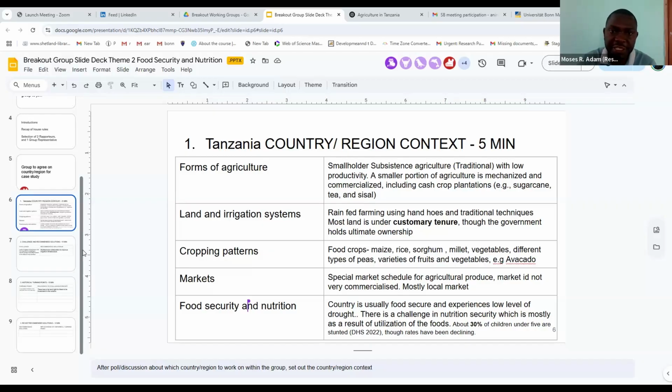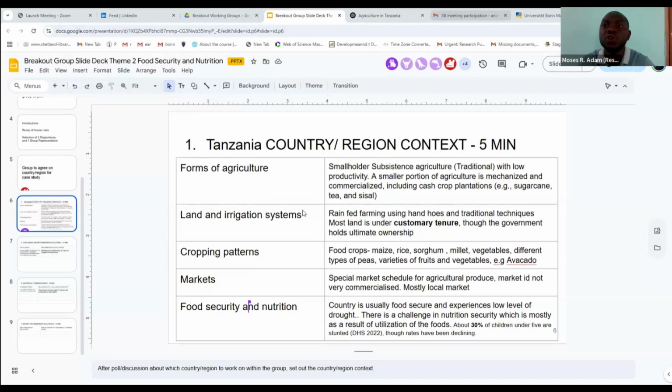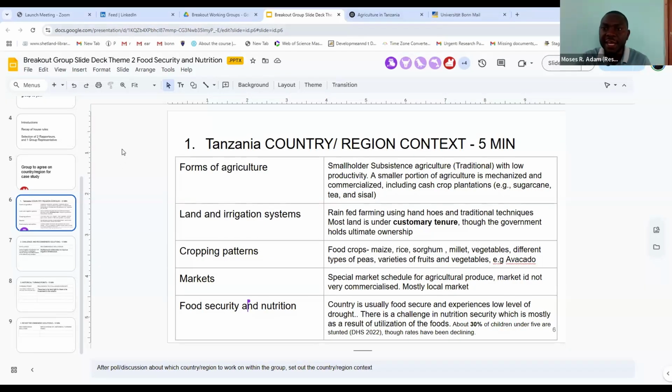On the issue of food security, the country is food secure. Tanzania has a specialized system under the Ministry of Agriculture, whereby during a high harvest, the crops are collected and stored by a specialized authority called the NFRA, and then where there are instances of hunger, the produce will be sold to individuals at a relatively lower cost as compared to the market price.